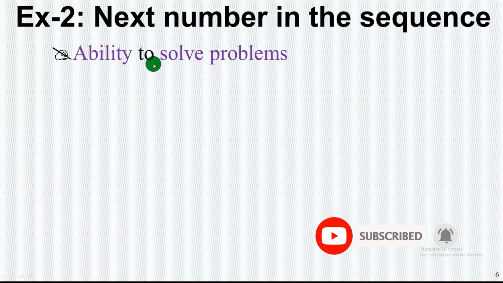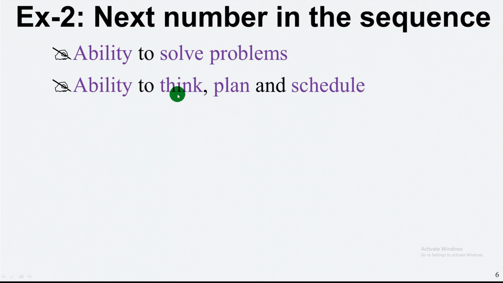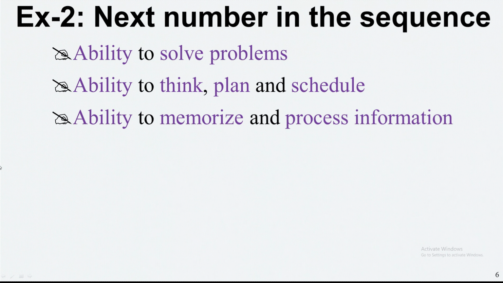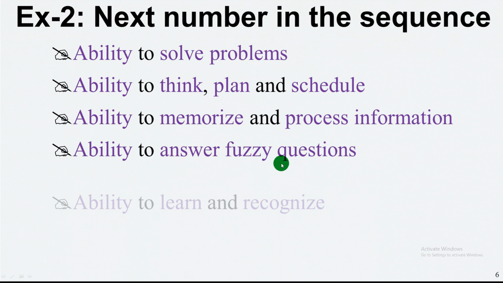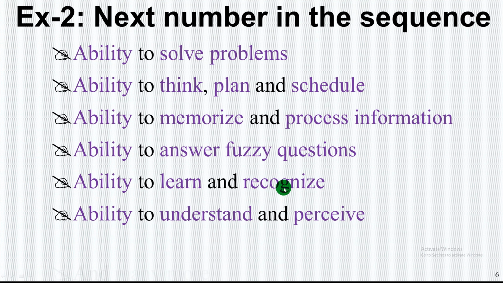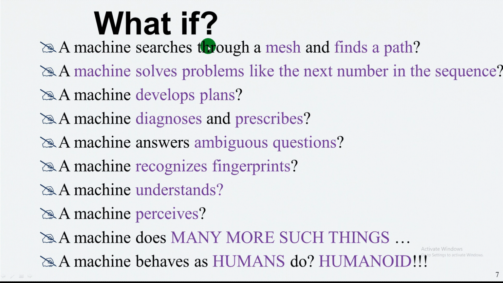To sum up, intelligence is the ability to solve problems, to think, plan and schedule, to memorize and process information, answer fuzzy questions, learn and recognize, and understand and perceive. A machine searches through a map and finds a path. A machine solves problems like the next number in the sequence in the previous example. A machine develops a plan.